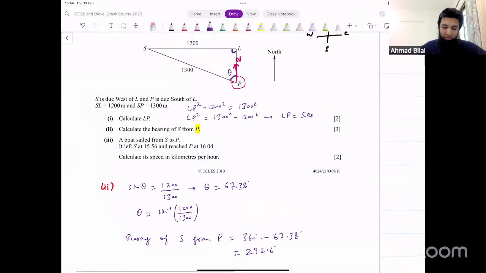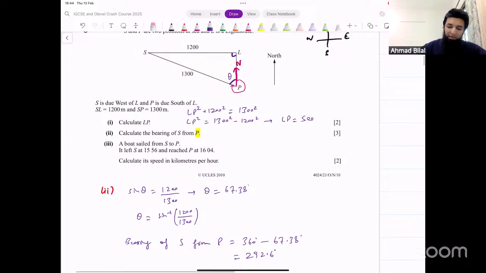Now let's look at the third part as well, since we're doing it anyway. We will cover this as well. It's the distance, speed formulas, but it's really straightforward in this case. So they're saying a boat sailed from S to P. So a boat is going from S to the point P. How much distance is it covering?